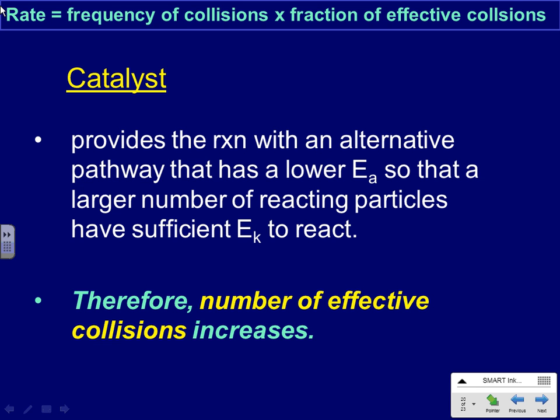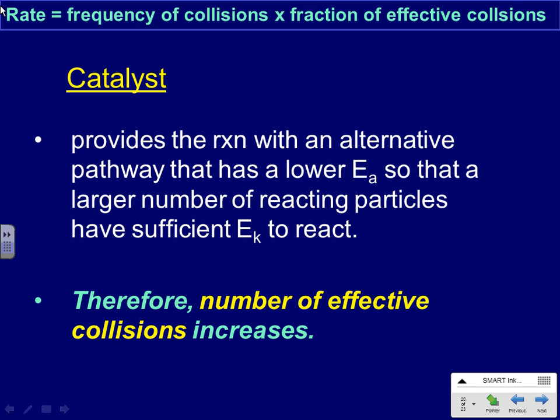So the catalyst then provides the reaction with an alternative pathway that has a lower activation energy. It's like, if we're talking about rolling the ball over the hill, it's like it cheats and burrows a hole into the side of the hill so that the ball doesn't have to actually go over the hill.